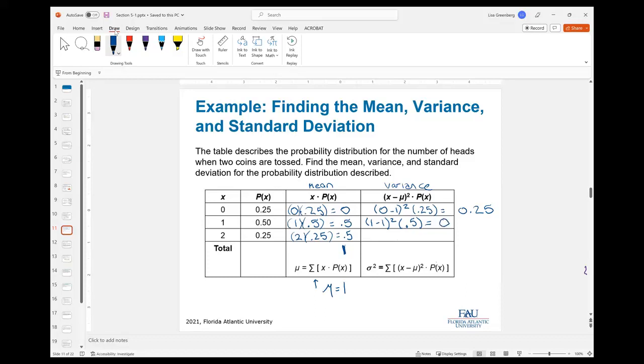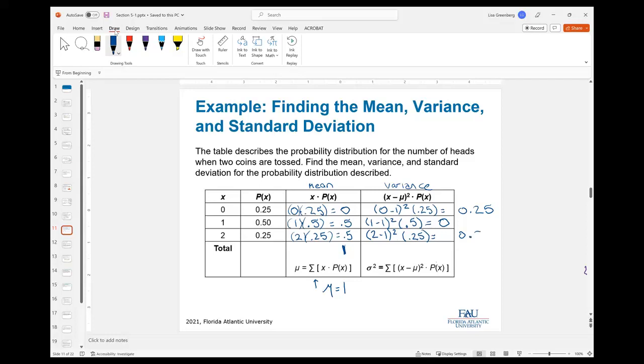And then the last thing I have is 2, which is my x, minus my mean squared times p of x, which is 0.25. This equals 2 minus 1, which is 1. 1 times 1 is 1. Nothing to worry about there. And then I multiply that by 0.25.